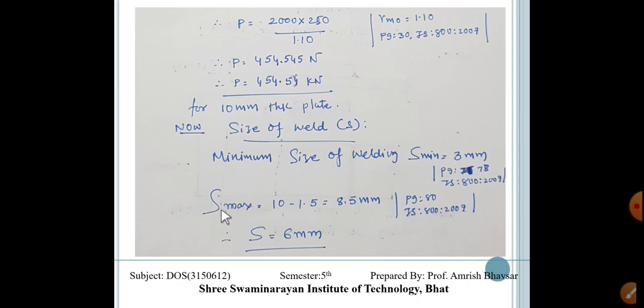And for S maximum we have to refer to page number 80. On that page they give us the plate thickness minus 1.5 mm as clearance. So we get 8.5 mm. Now we can choose any value between S minimum and S maximum. In this case we are taking S equal to 6 mm.